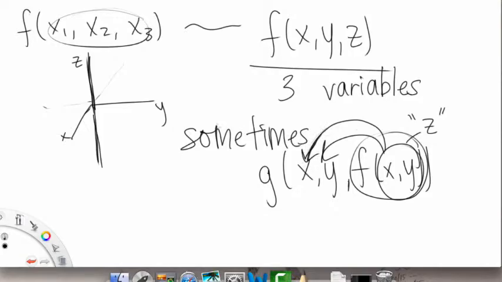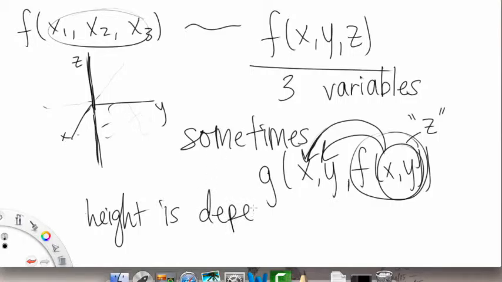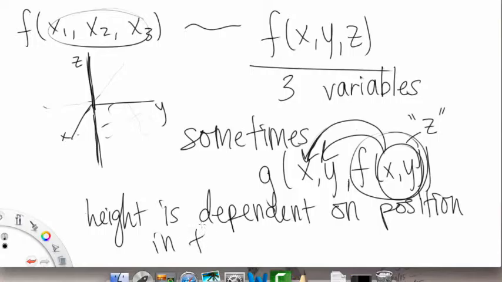X and y are completely independent. You can move anywhere you want on the xy plane. But then the height is determined, or dependent on, position in the xy plane. So this is what we're going to call our surface.